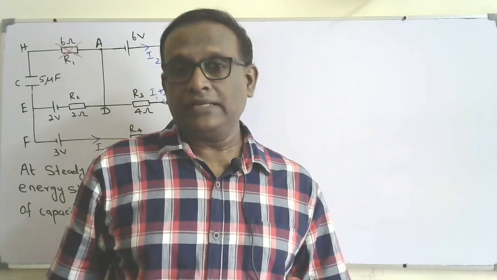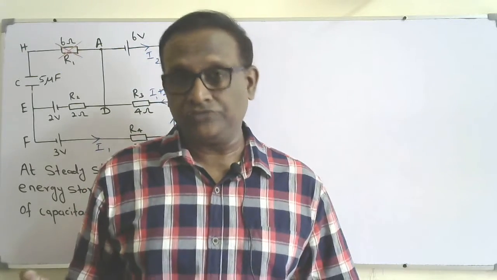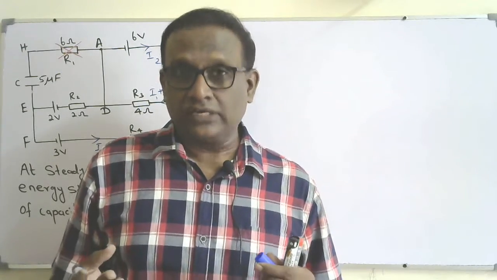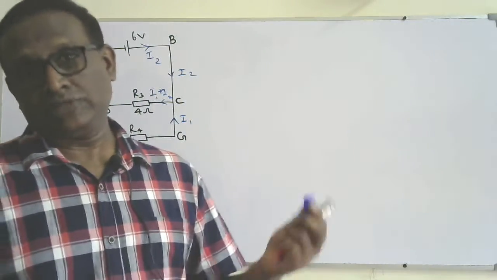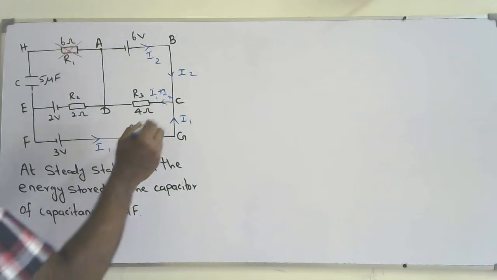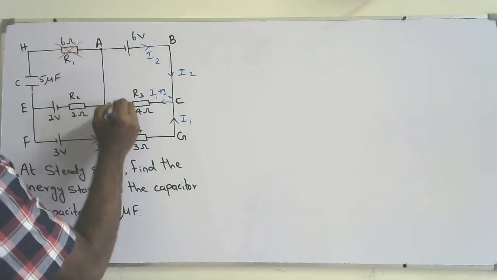Anyway, no problem when you solve Kirchhoff's second law, you will get the proper values for the currents you mark. Sometimes you might get a negative value for a current. If so, you should take the direction opposite to the one you marked on the diagram. So currents I1 and I2 join here, and through this also I1 plus I2 flows.